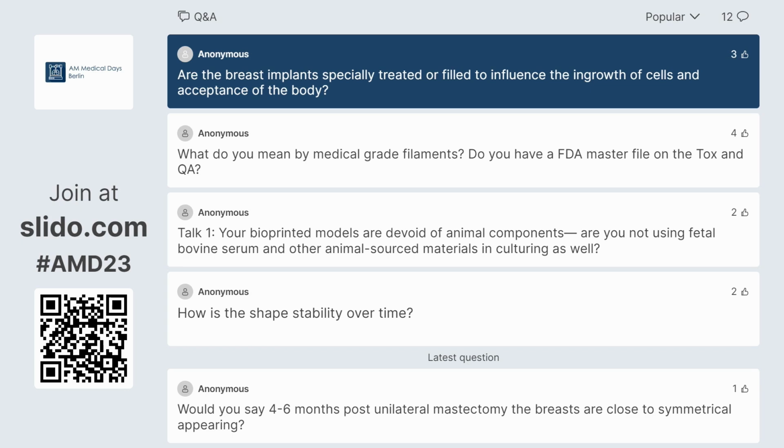The tissue expands in the space, and when it reaches the edges of the implant, it stops. This is how we can adjust the volume of the breast. The only post-processing is to remove the support material of the printing.